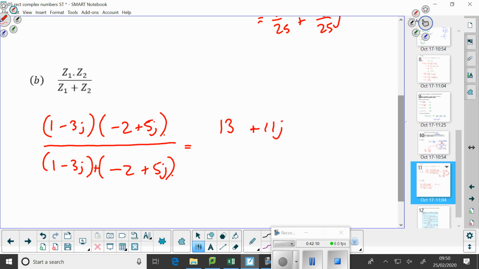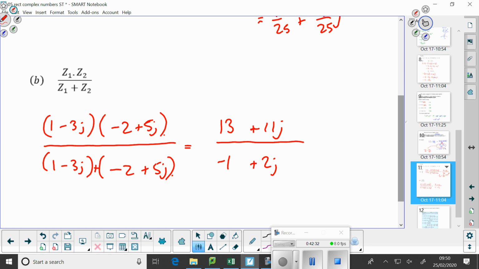So you do really have to watch your signs. Then we add these two together: 1 plus minus 2 is minus 1, and minus 3 plus 5 is plus 2j.